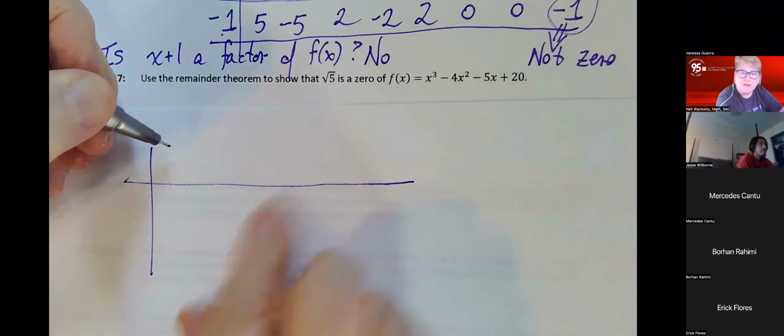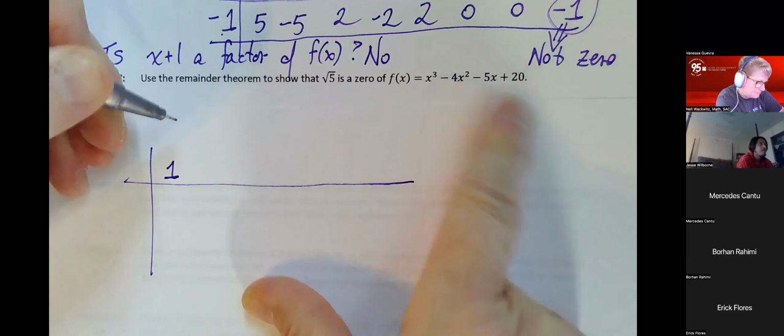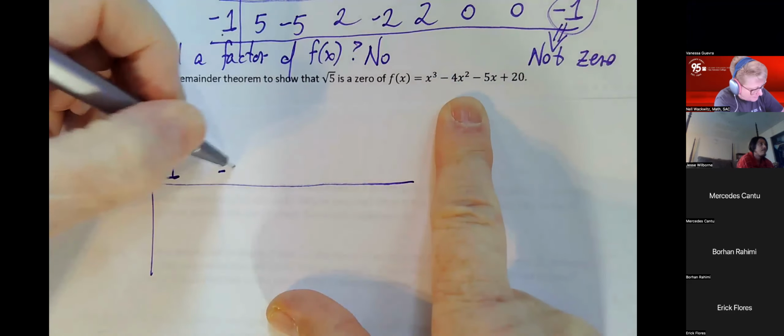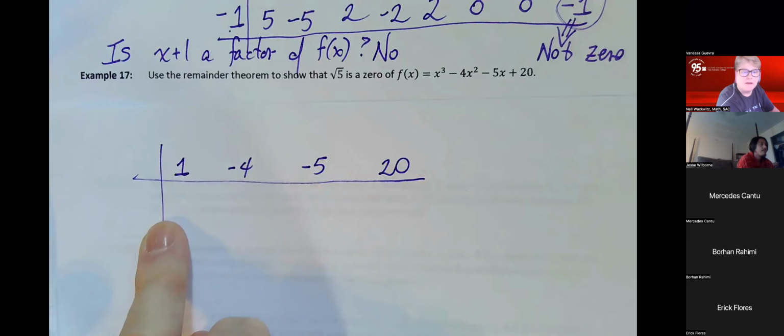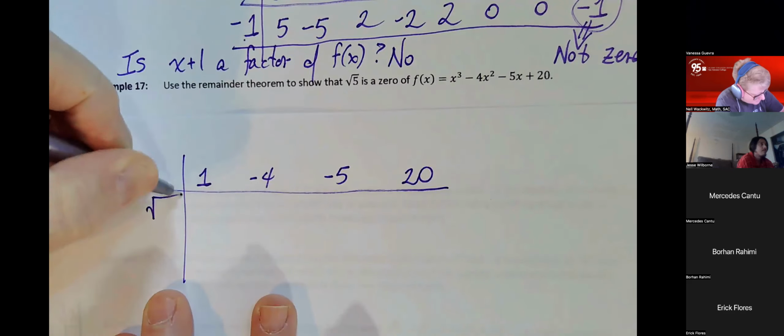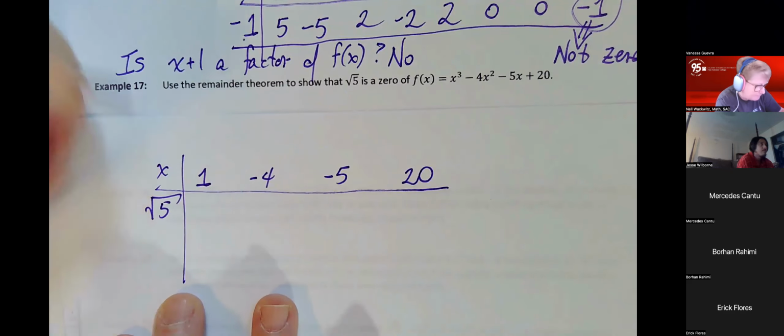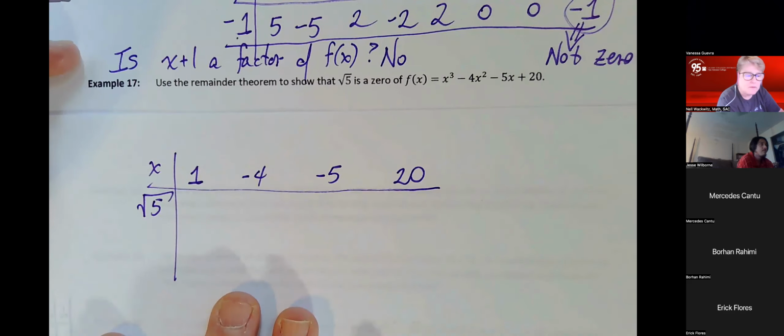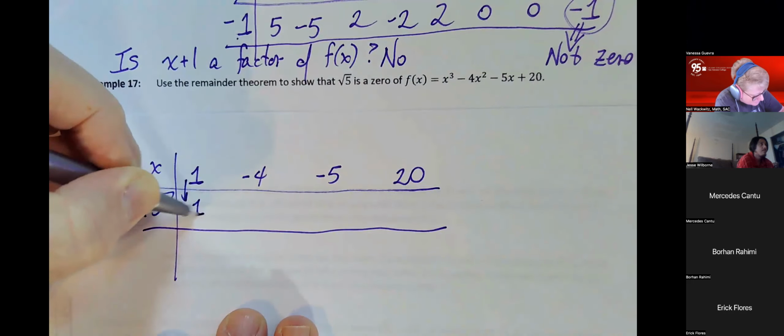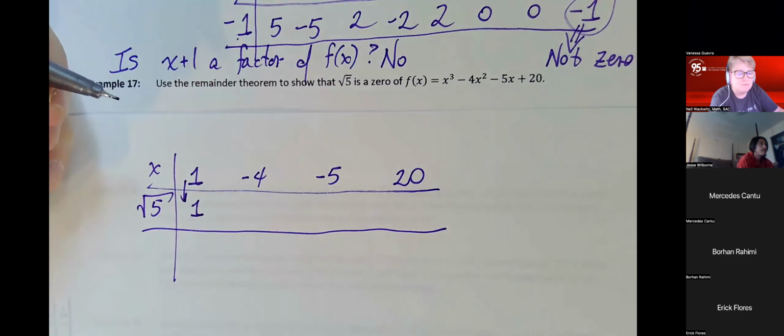So I've got f of x is 1x cubed, negative 4x squared, negative 5x plus 20. And I want to plug in the square root of 5. So let's bring down the 1. What is 1 times the square root of 5?